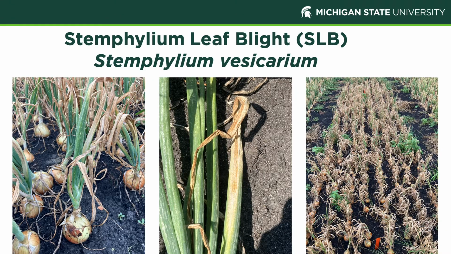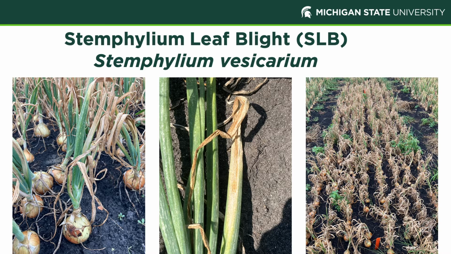Now, the other major foliar disease that Michigan onion growers contend with is Stemphylium leaf blight. And that's what I'd like to talk with you about today. Stemphylium leaf blight, similar to bacterial leaf blight, causes premature senescence or early dying of the onion leaves.